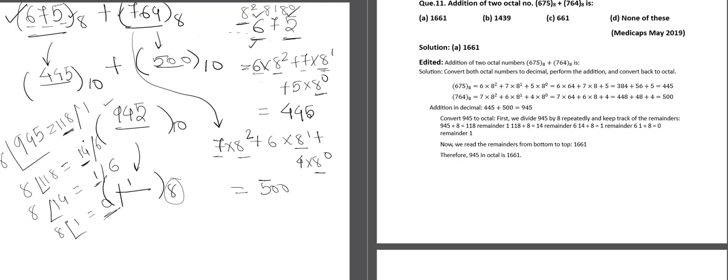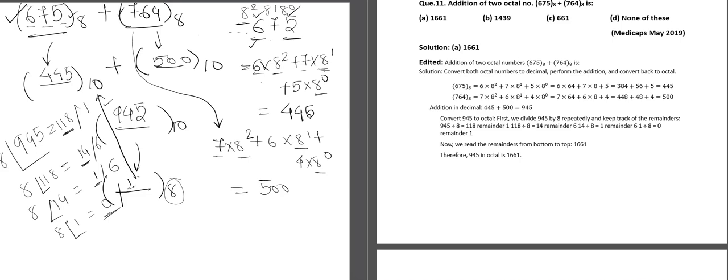One thing that must be noted is that we continue the division process up to the point where we get 0 as the quotient, and as soon as we get 0 as the quotient, we stop the division process there. We keep track of the remainders and write them in a bottom to top approach, in this direction.